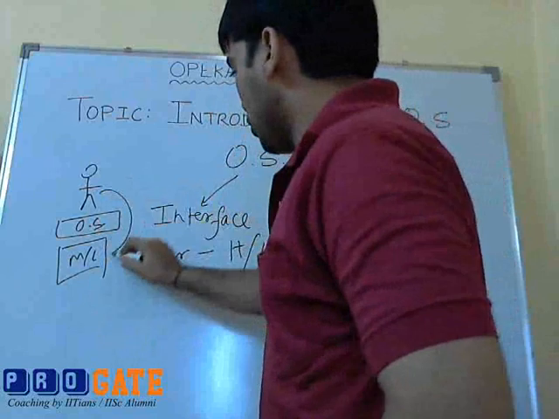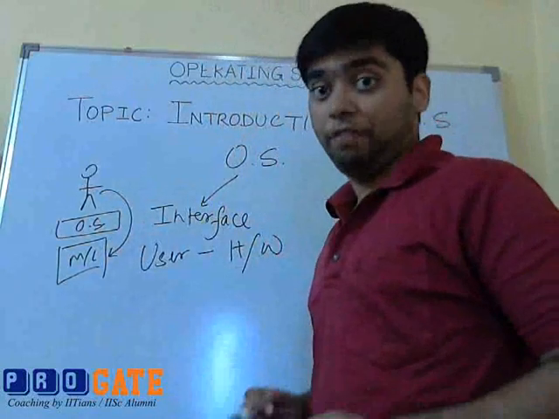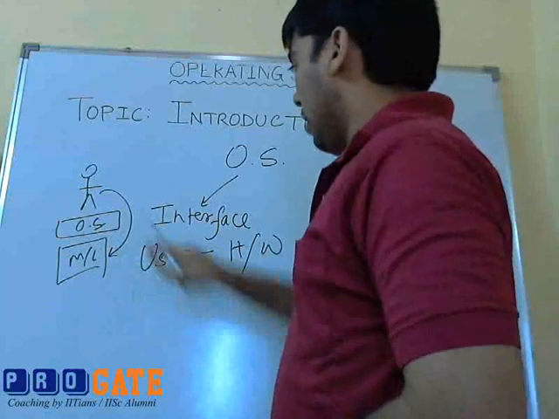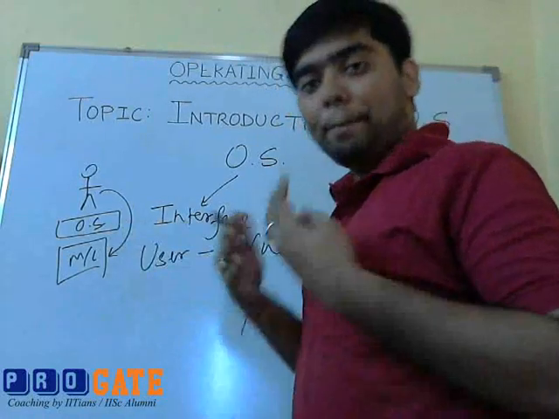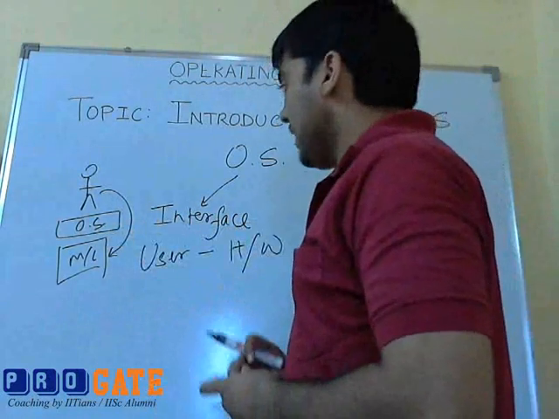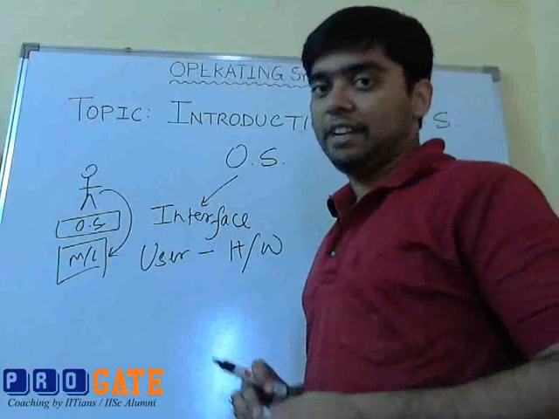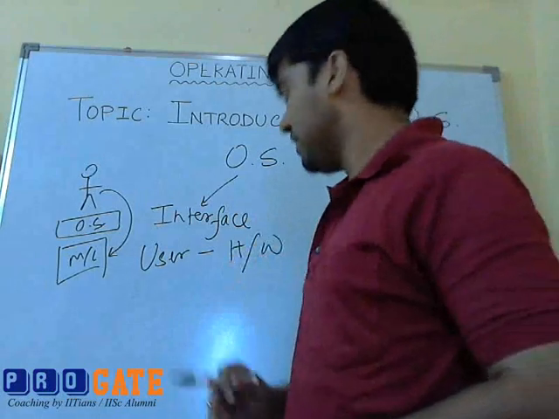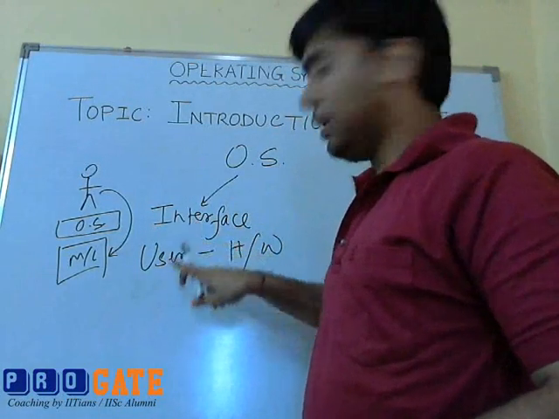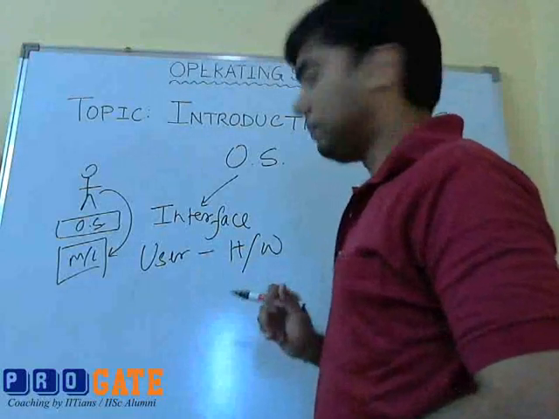Now, if you want to use a machine, it's difficult because the hardware is complex. But the operating system abstracts out the complexity of the hardware and provides you with a user-friendly interface. Hence, the first definition, that an operating system is an interface between the user and the hardware.